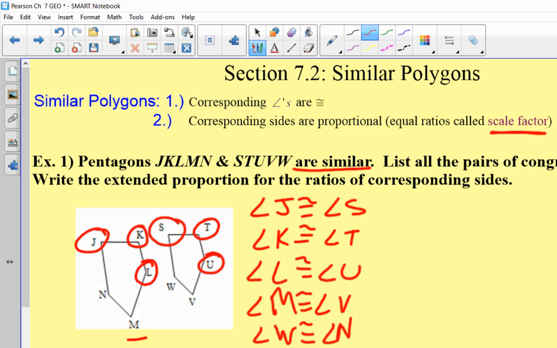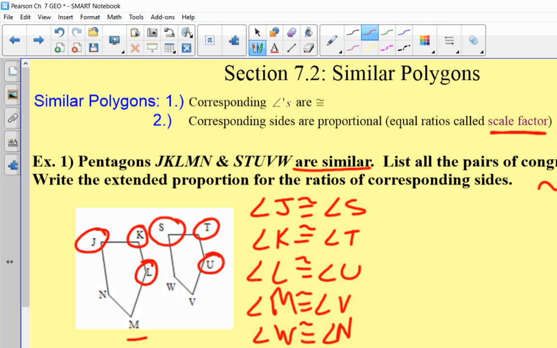Okay, now we want to write an extended proportion for the ratios of the corresponding sides. So this one's a little bit kind of funky. I'm going to do it two different ways so you can see it. And the first way I'm going to do is not technically an extended proportion, so hopefully you'll get that. And also, this little squiggly stands for the word similar.